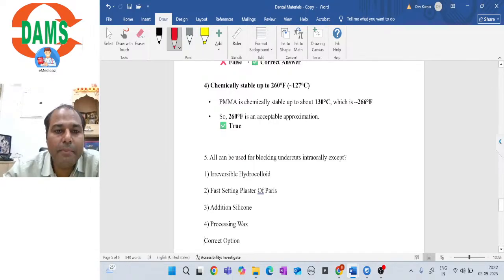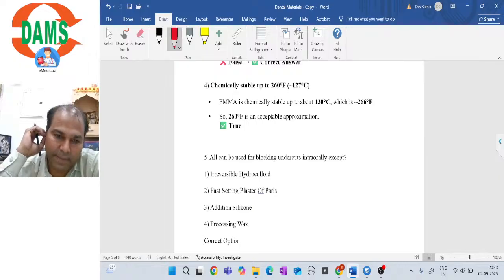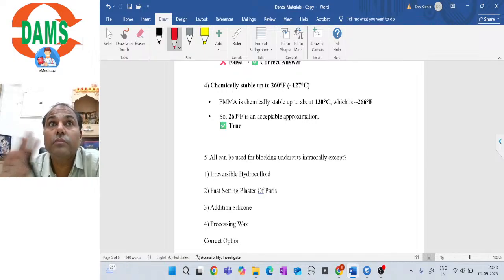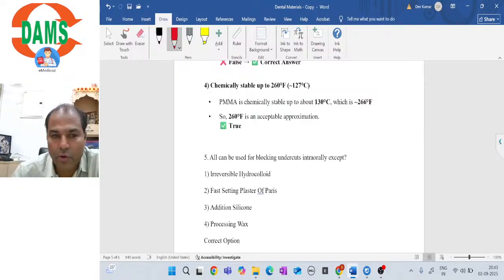All can be used for blocking undercuts intraorally except, can we use irreversible hydrocolloid, for example?